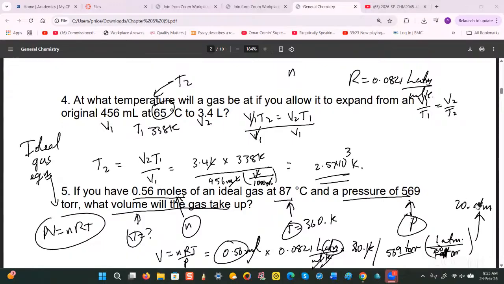Let me correct that. That should be liters. So, as I was saying, the torr units will cancel out here and here, the atmosphere units will cancel out here and here, so the only unit remaining would be the liters unit, and that's basically how that is done.